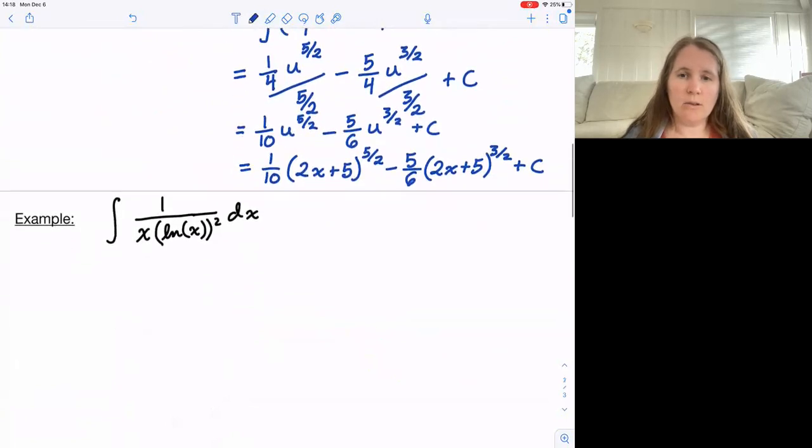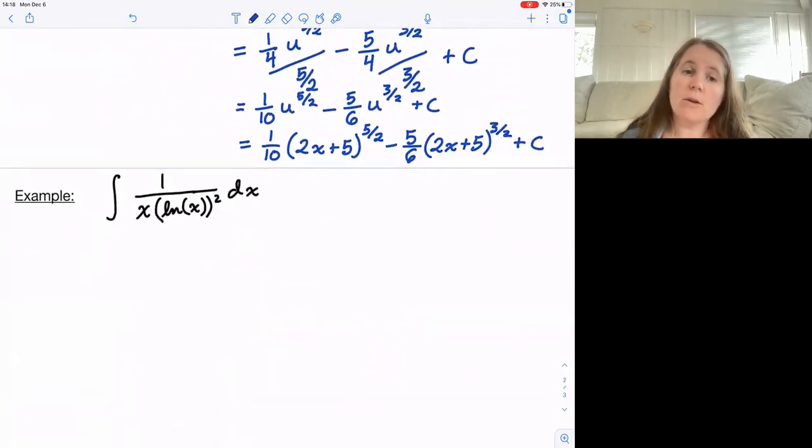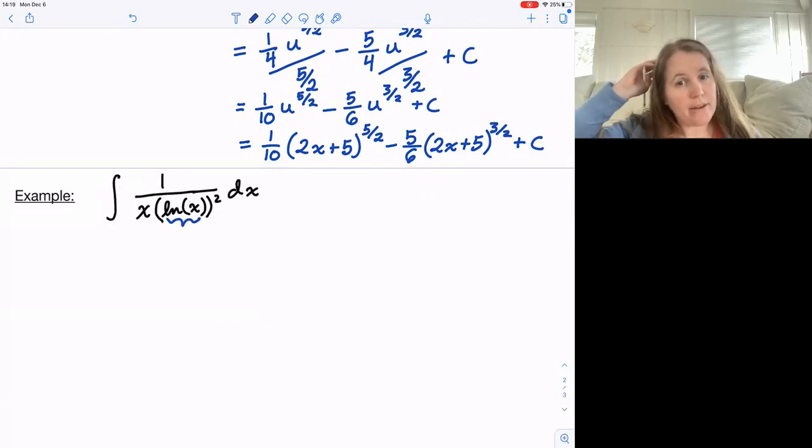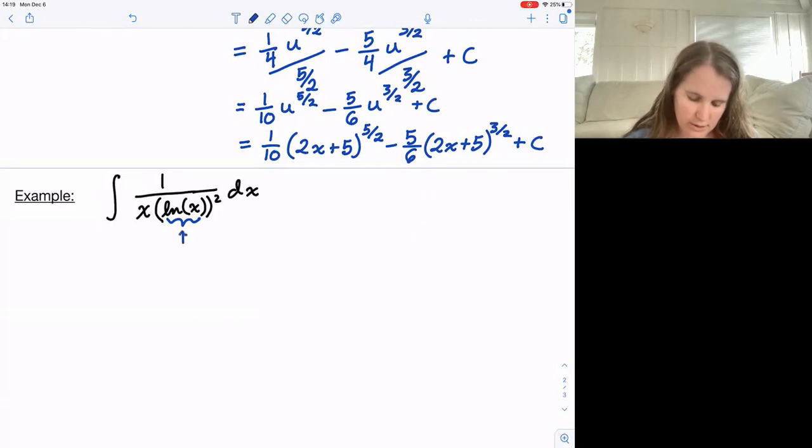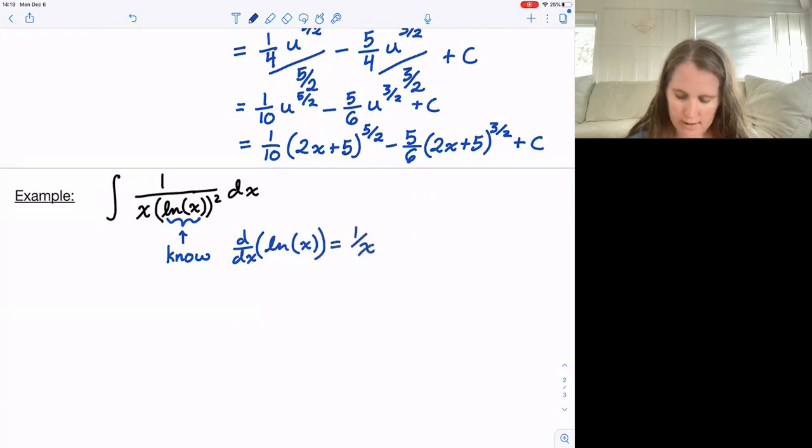For another example, let's consider the problem, the integral of 1/x times natural log of x squared. So again, we have here our natural log of x. We know that the derivative of natural log of x is 1/x, and we do have a 1/x in the problem, so it would make sense to set natural log as our u.